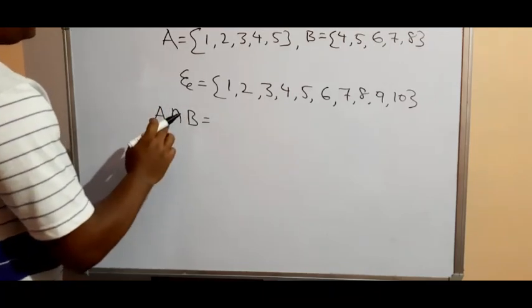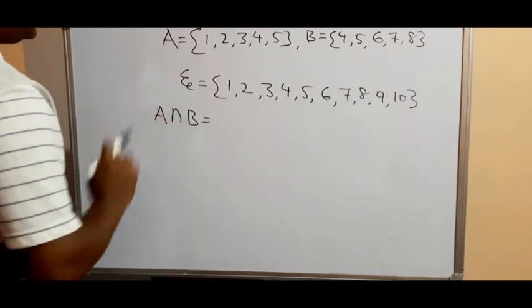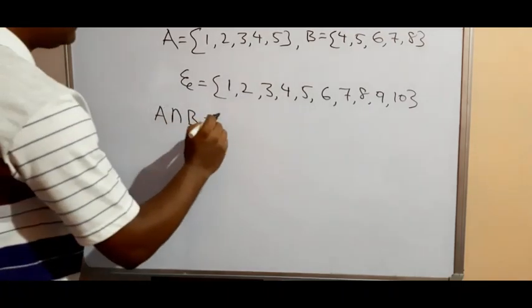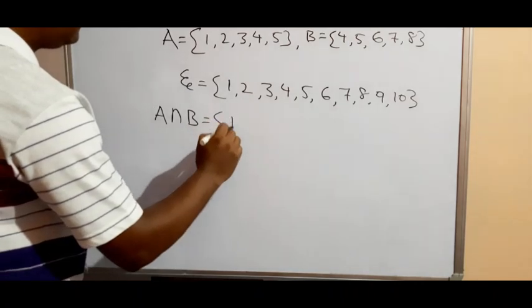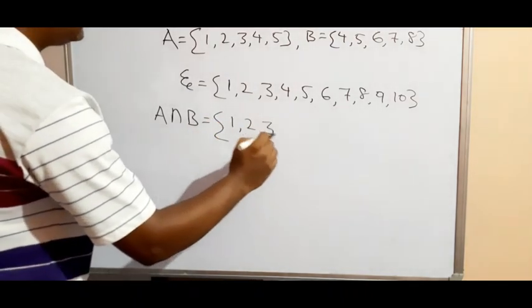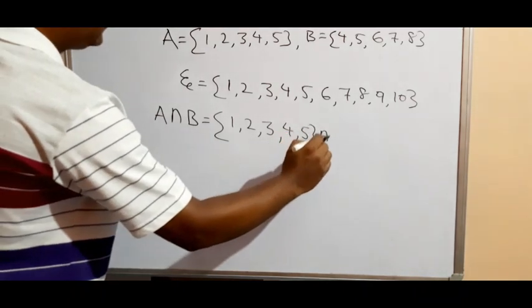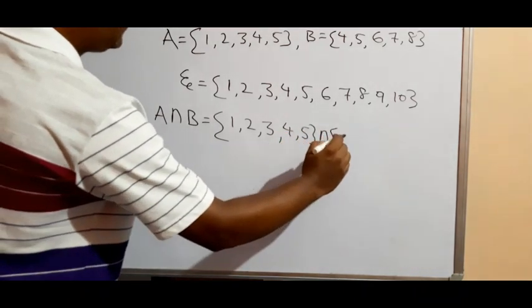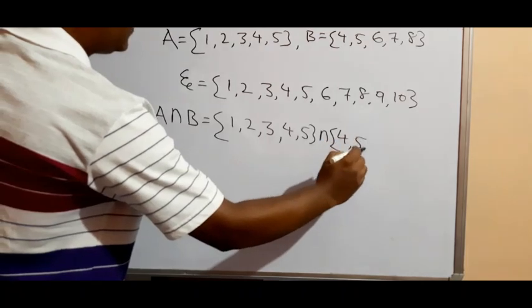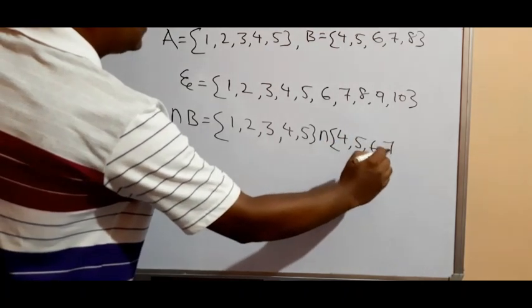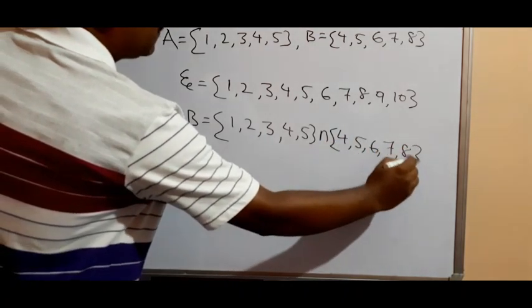Just reverse it: A intersection B. So you write the A elements: 1, 2, 3, 4, 5, intersection, then the B elements: 4, 5, 6, 7, 8.